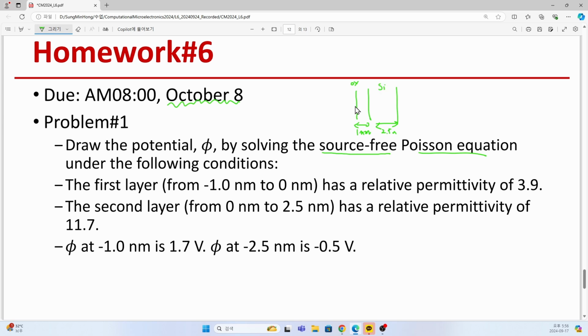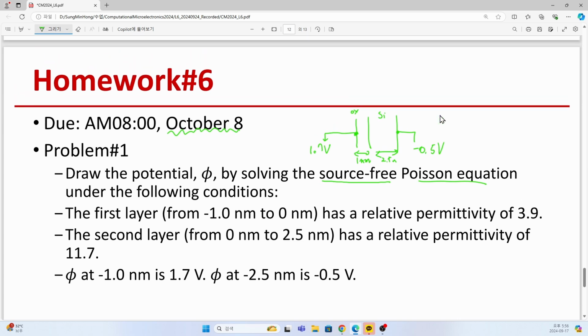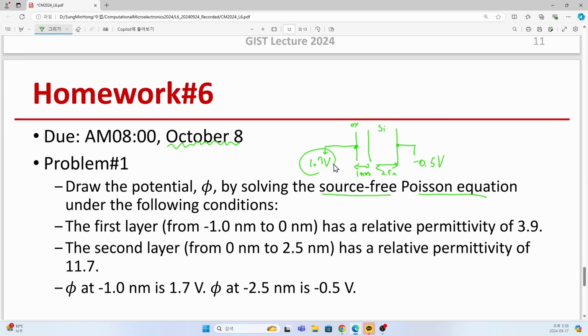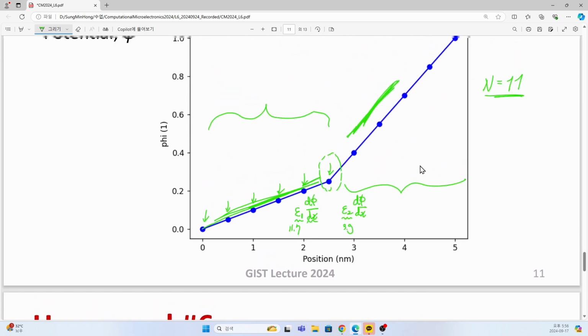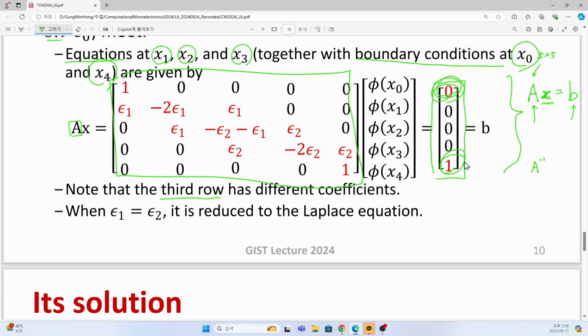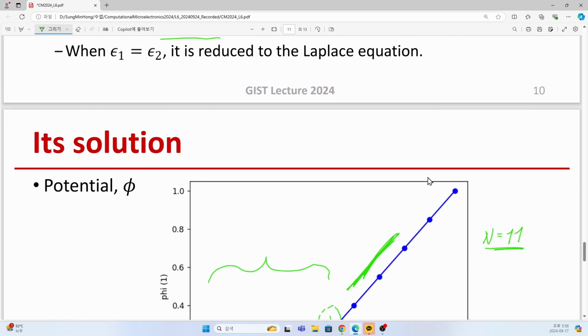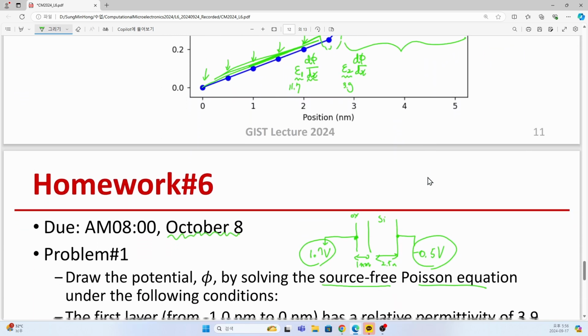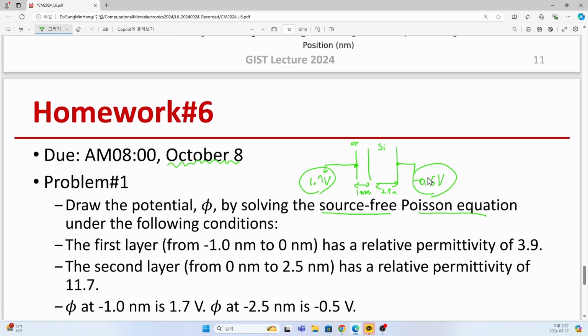Now the boundary value is 1.7 volt, and here we have minus 0.5 volt. But anyway, you can do it quite easily. If your numbers are 1.7 and minus 0.5, then you can just change these two values to your newly introduced boundary values for the leftmost point and the rightmost point.